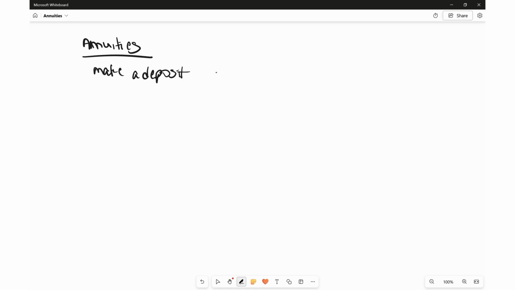Let's say, and it can be monthly, weekly, it can be biannually. So you'll know how often you're making the deposit. And the thing is that we earn interest on every single balance that we have.